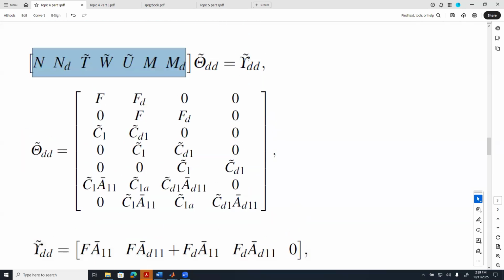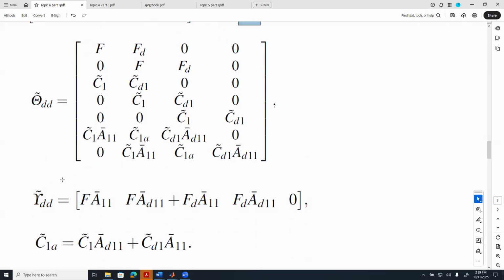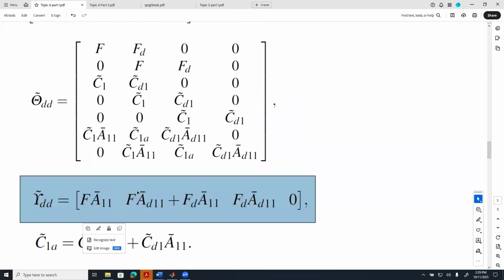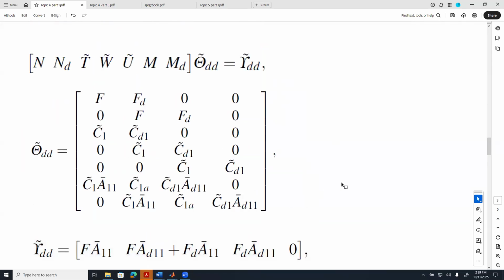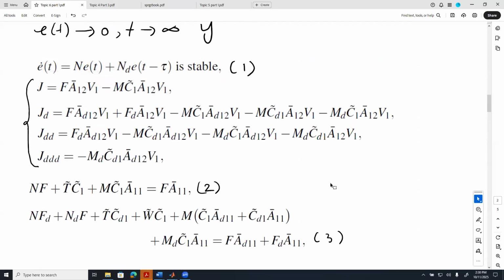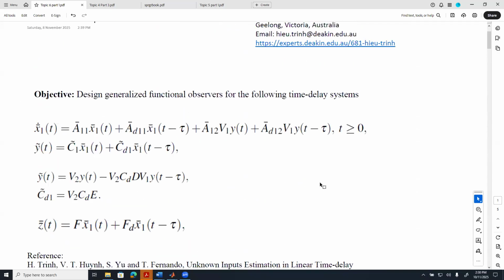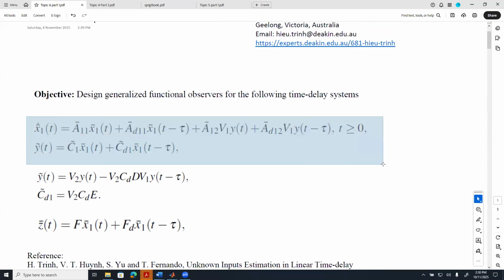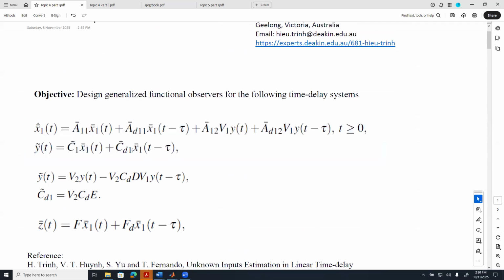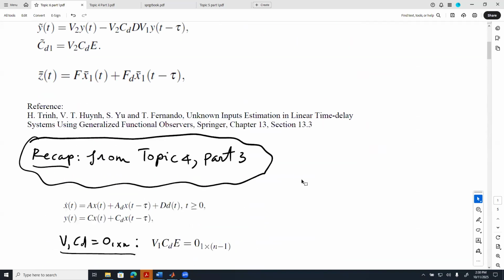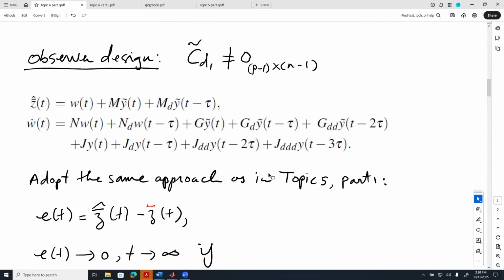Likewise, this matrix is associated with the right-hand side terms of the 4 matrix equations, which are known: F, FD, and all of that. So this is a fairly unified framework for dealing with generalized functional observers for any kind of time delay systems; here, the system has a delay vector in the output measurement, and we can adopt this same approach to solve it.